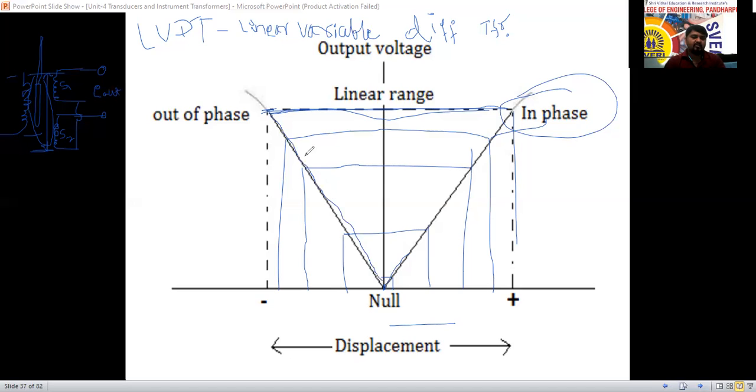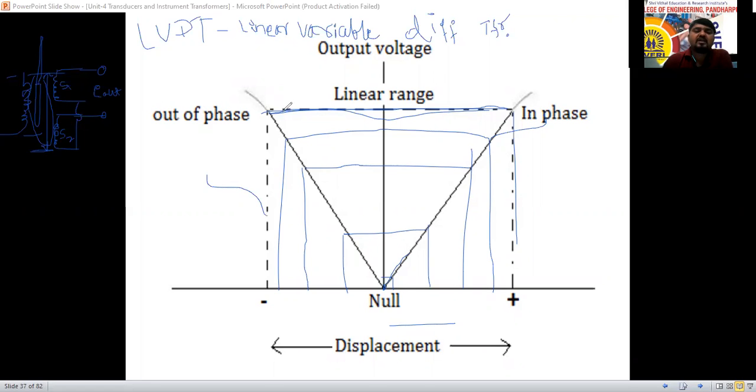It is a straight line only. Yes, sir, it is a straight line. Linearly, the output of the differential transformer varies with the displacement. That is called in phase.